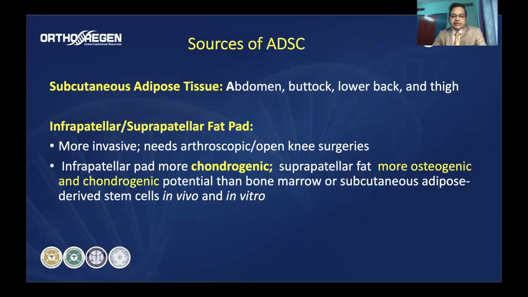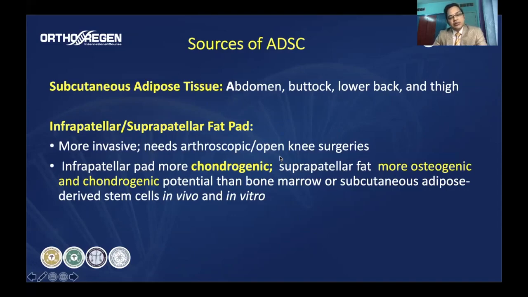Now, over the last few months, or we can say recently, it has been seen that we can also get these cells from the infrapatellar and suprapatellar fat pad area. But these are basically invasive procedures, and you get this adipose tissue when you're doing arthroscopic surgeries or open knee surgeries.